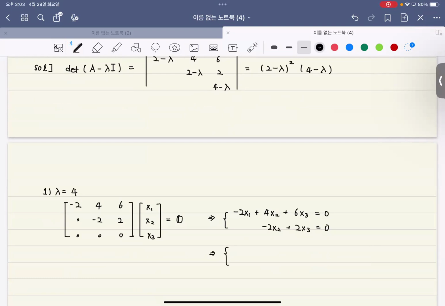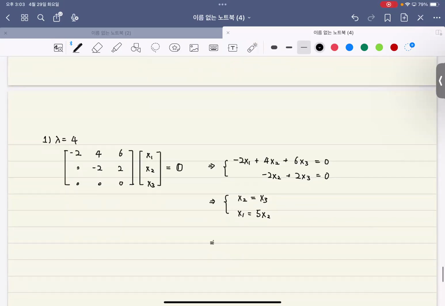So x2 equals x3 from the last equation. And x1 and x2, so x1 must be 5 times x2.